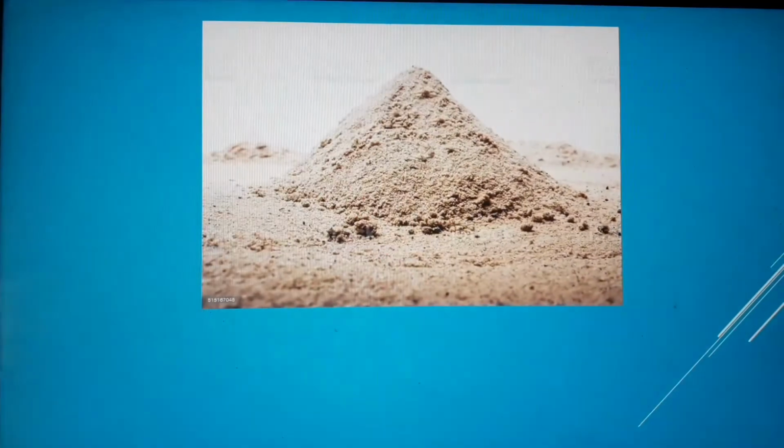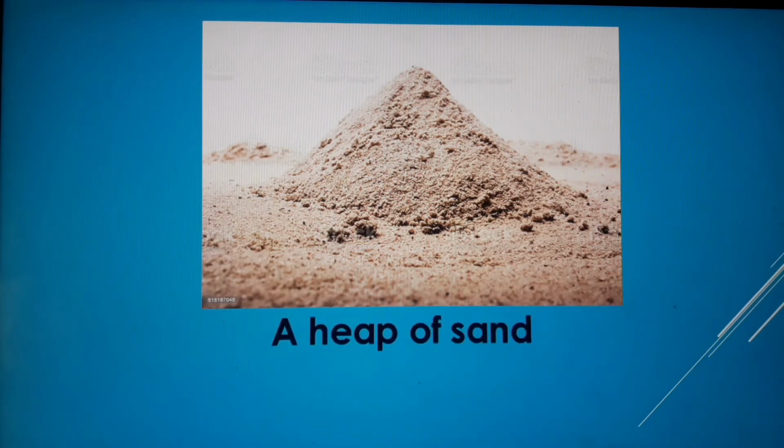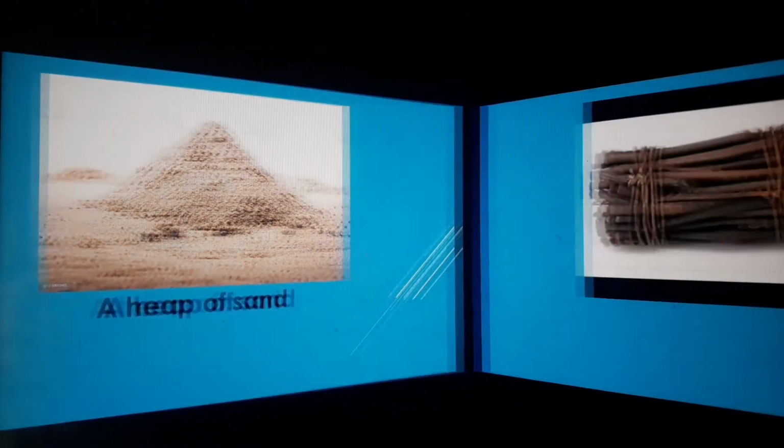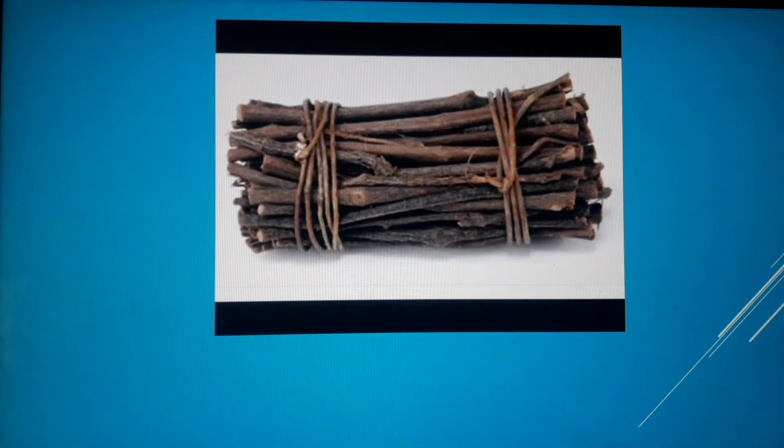The next one is, what do you see here? Right, sand. I think this is sand. How can you say in collective noun? A heap of sand. When you see the sand, that is heap of sand. Now what is this?